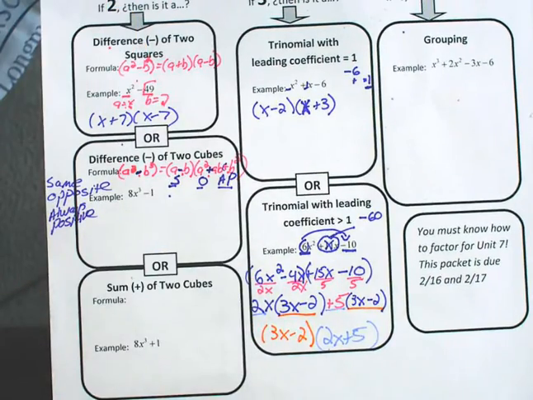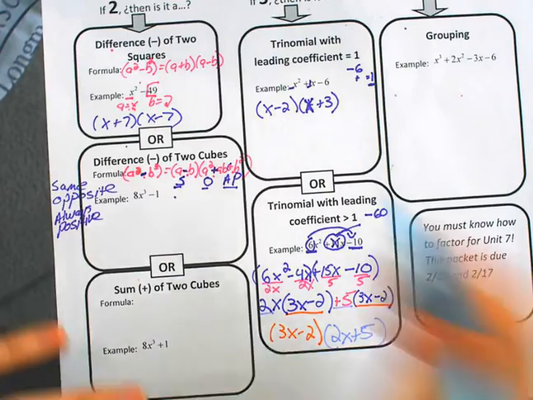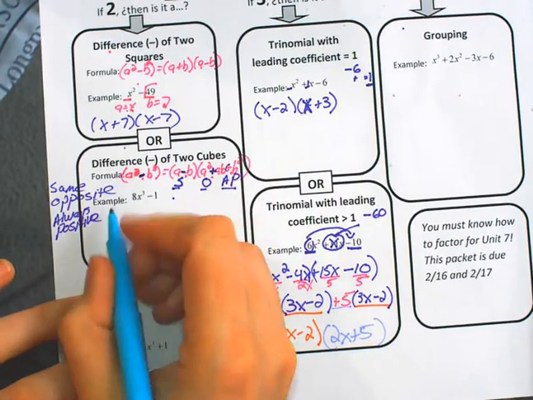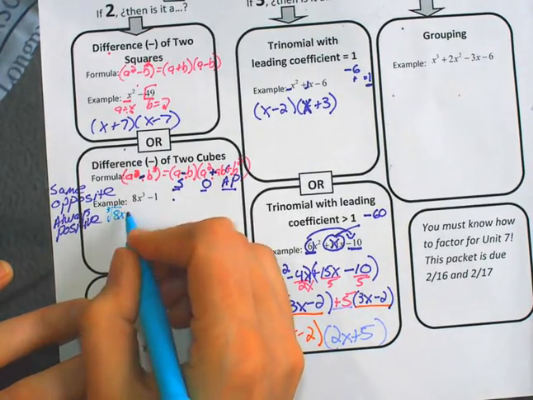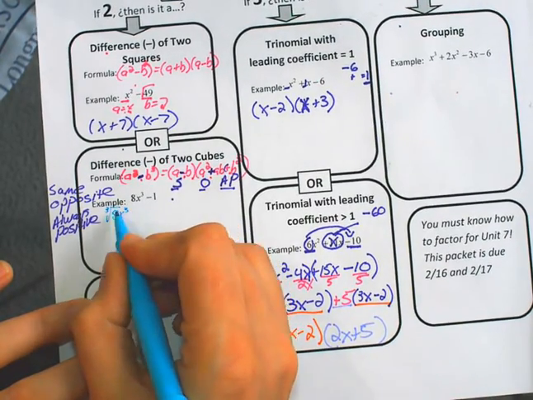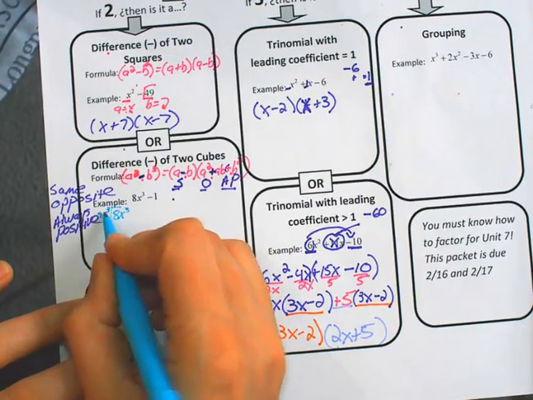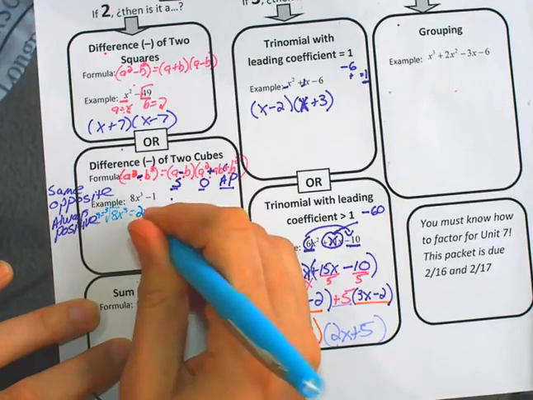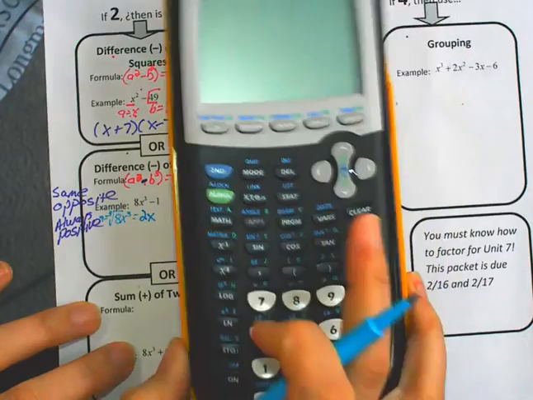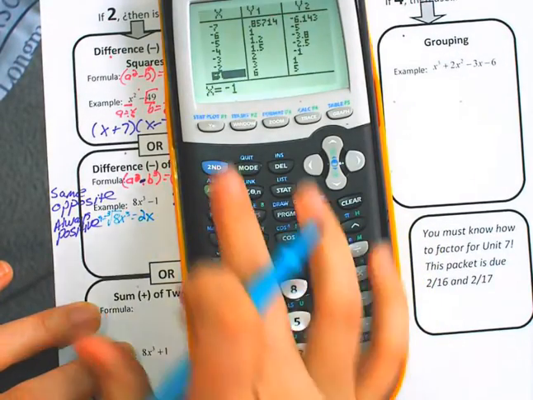All right, so similar to when we were doing squares, we're doing the difference of cubes. This time we're going to take the cube root of 8x cubed, and that's going to give me a. So that's going to be 2x. If you don't know your cube roots, the cube root is in the calculator. You can't do the variables, you have to do those by hand.